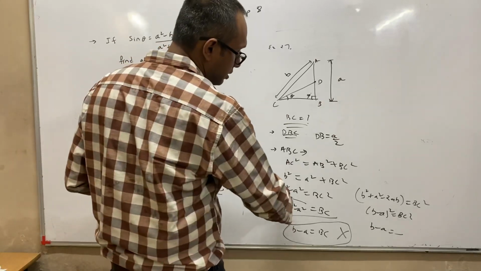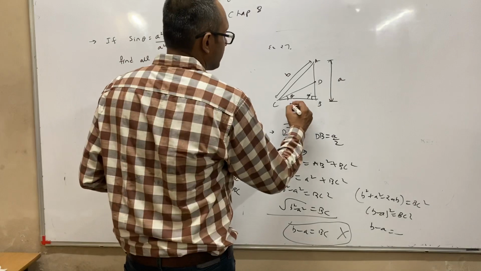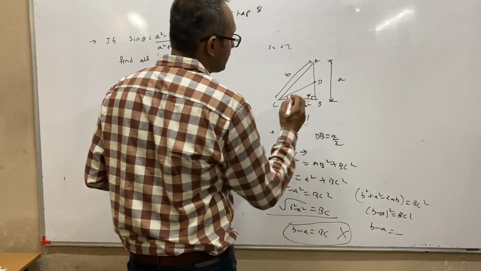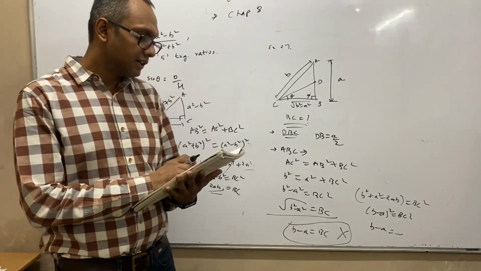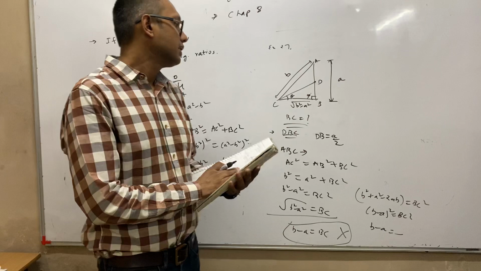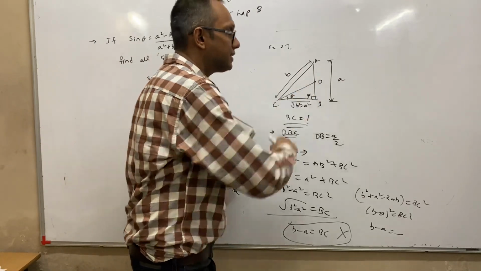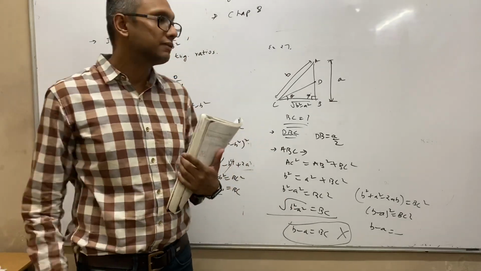That is under root B square minus A square. So now you will have this value, under root B square minus A square, and now you will work in triangle DBC and get the required ratios. Now you have BC, you have DB, you can easily calculate DC, and once you have DC, then you can proceed ahead with the sum.